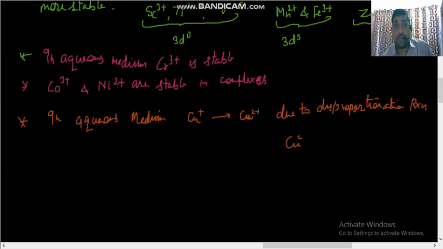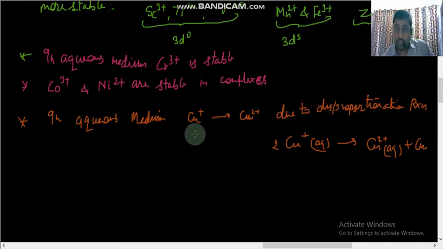Now what happens in a disproportionation reaction? Two Cu+ aqueous are converted into Cu2+ aqueous and Cu. Now why does this change occur?